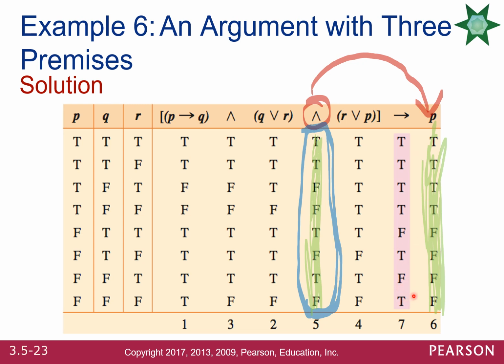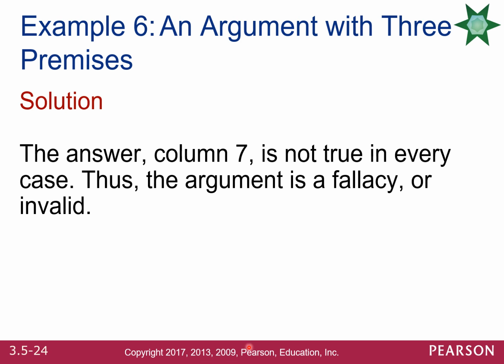However, here we see we have 2 false values, so that indicates that this is an invalid argument and therefore a fallacy. To summarize, as we saw from the truth table, the final answer in column 7 is not true in every case. There were 2 false values, therefore the argument is a fallacy and therefore an invalid argument.